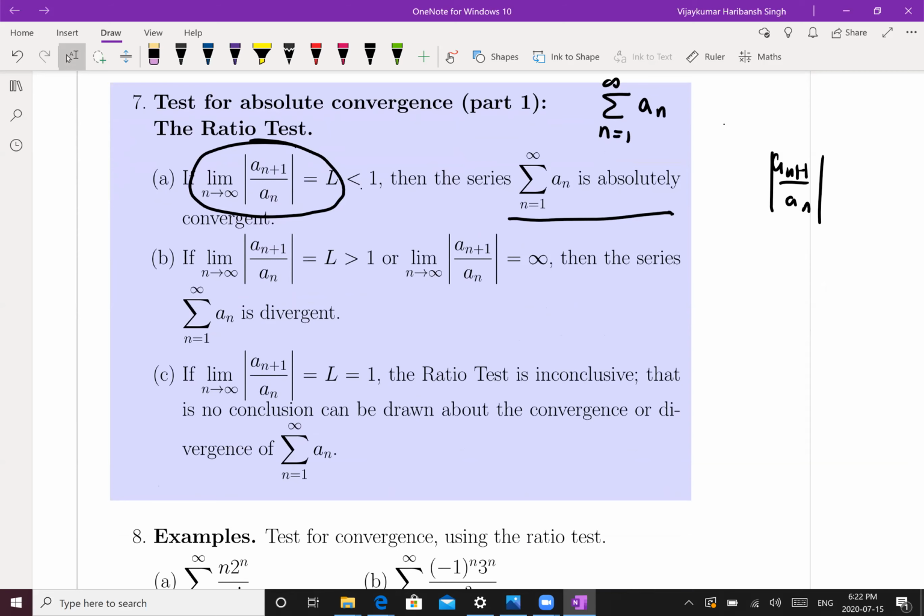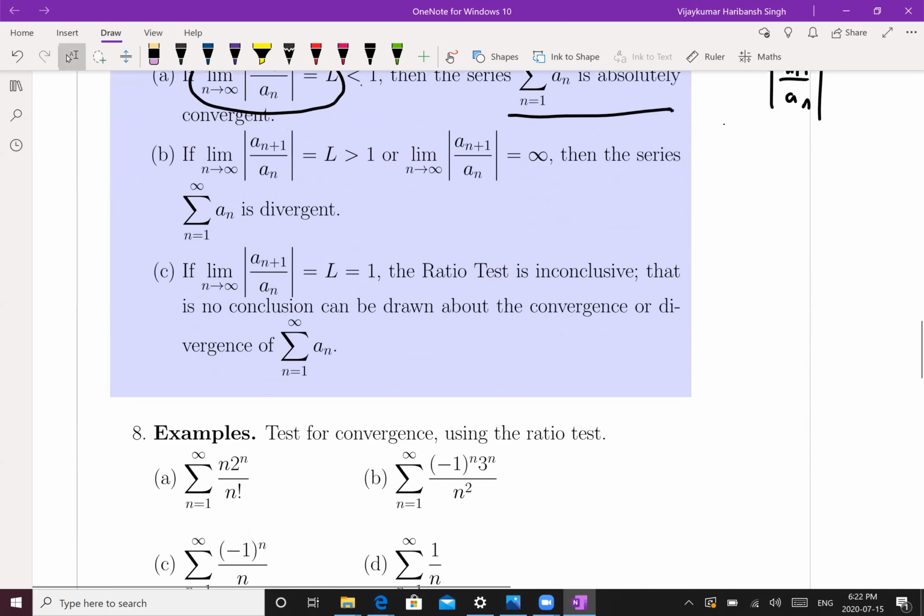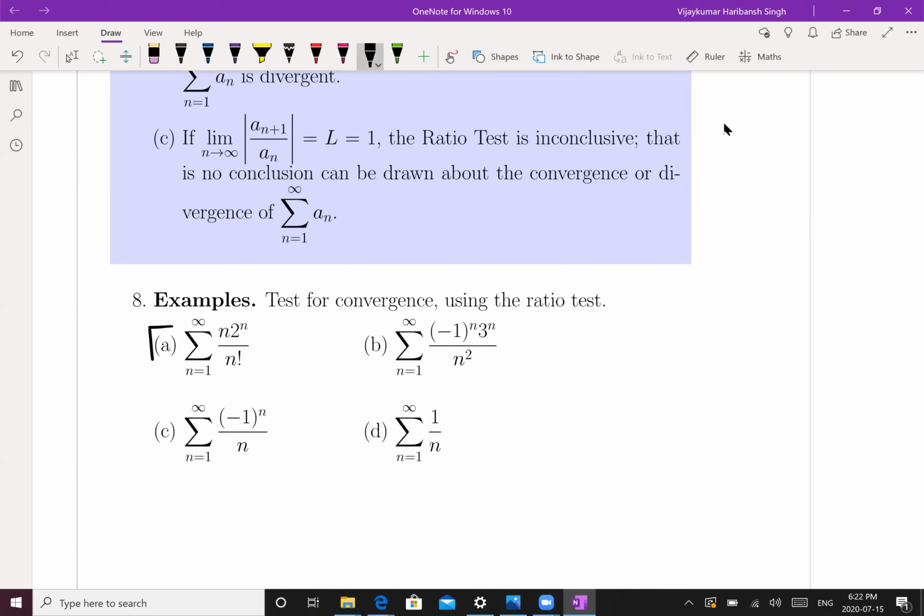So let's apply this on problem 1, which was our motivation. Let's apply the ratio test for A. So by the ratio test, we need to compute the limit as n goes to infinity of a(n+1) upon an.